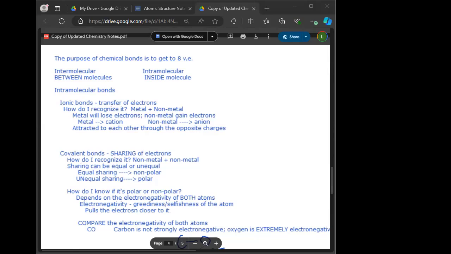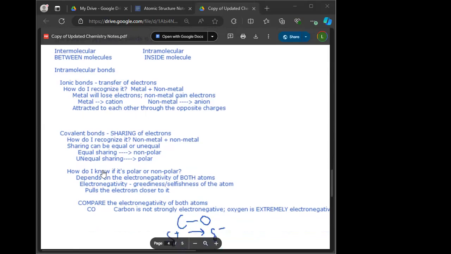Okay, so let's go ahead and take a look at the intramolecular bonds. The intramolecular bonds are the ionic and the covalent.